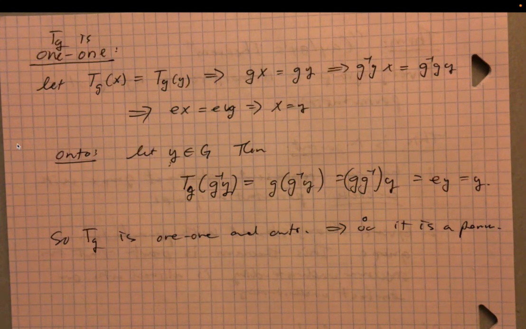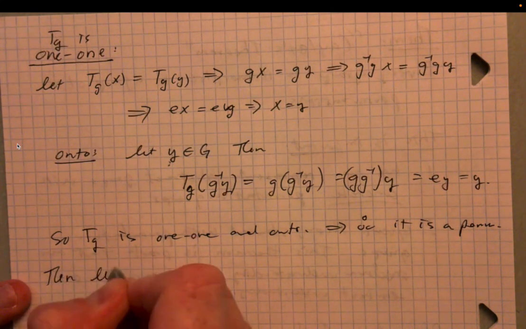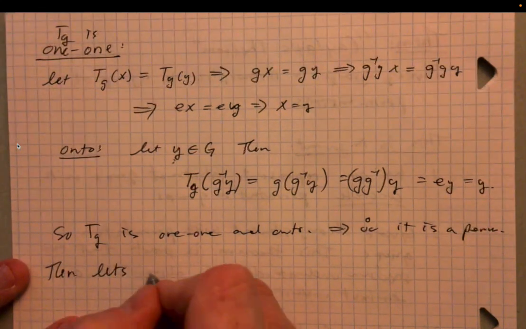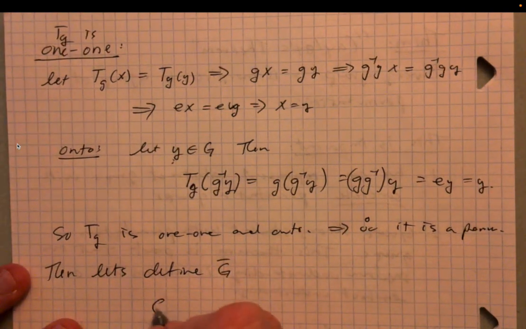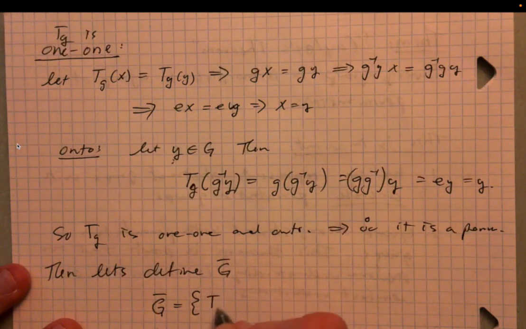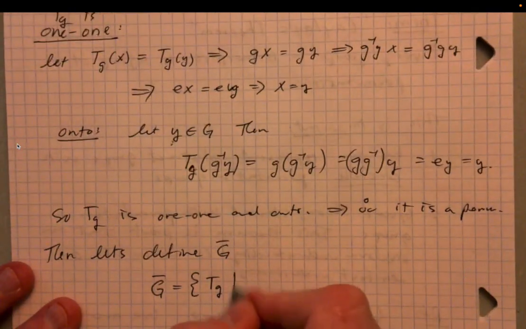Okay, so we've got a permutation. Let's go ahead and define our G bar candidate. We'll say G bar is equal to the set of such permutations.